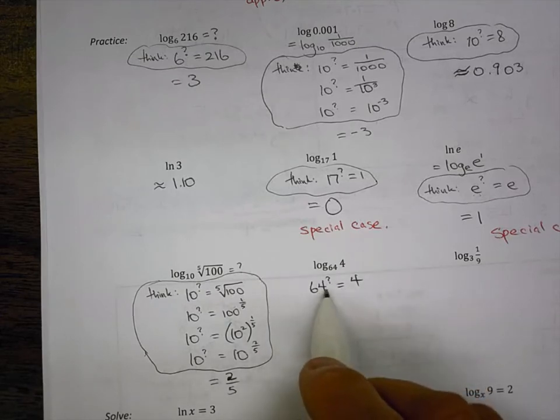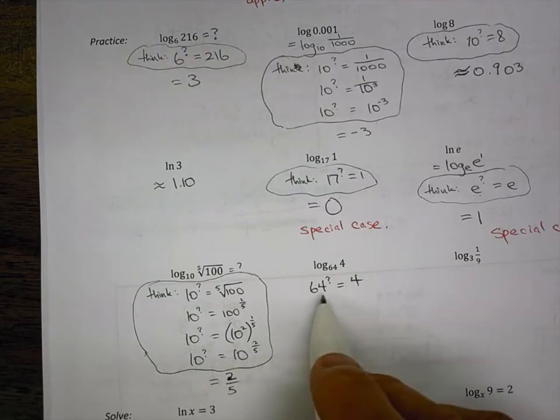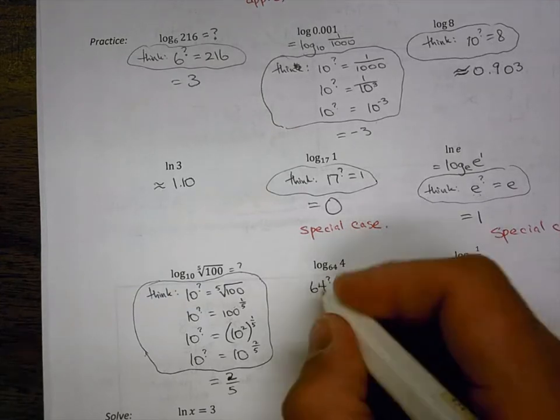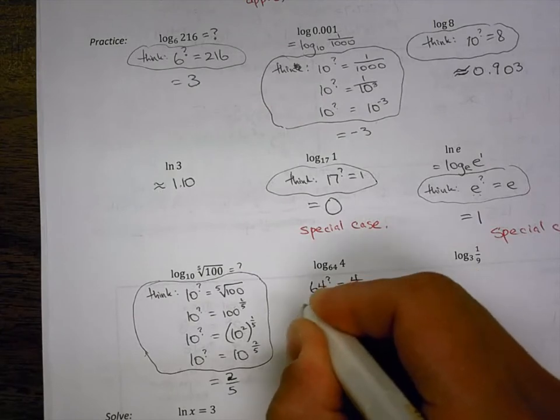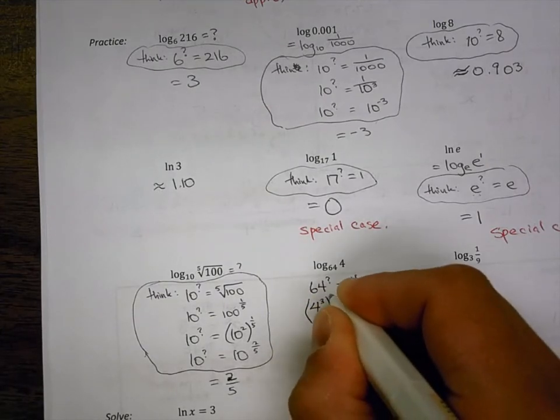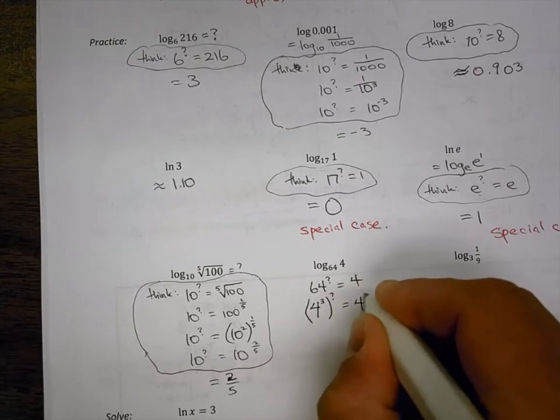Well, I can try to do what I did here, where I have the same base. 4 times 4 is 16, times 4 is 64. So I can replace 64 with 4 to the power of 3, and then I can leave this 4 as 4 to the power of 1.